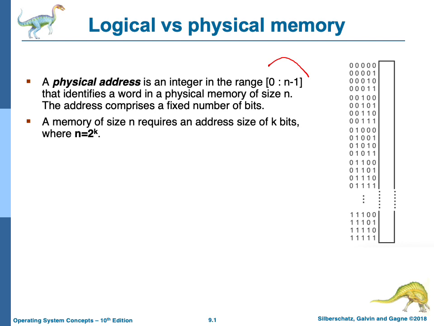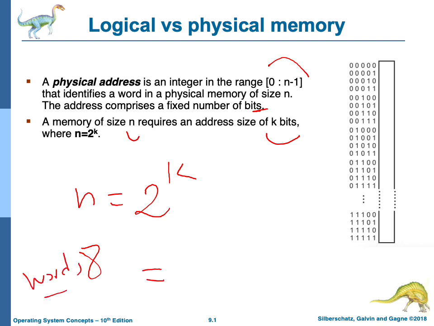How do we know how many bits? So a memory that has a size n requires an address of size k bits where n equals 2^k. So for instance, if our memory is of size 8, so our memory can hold 8 words, then to represent their addresses, we are going to need 3 bits, right?